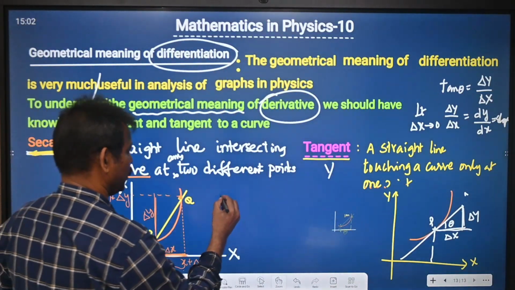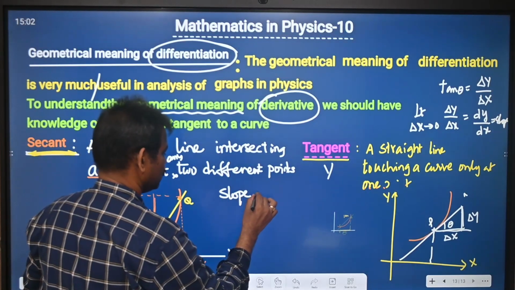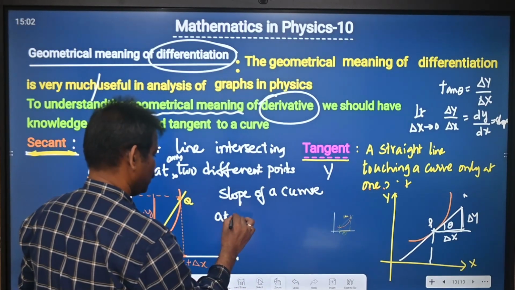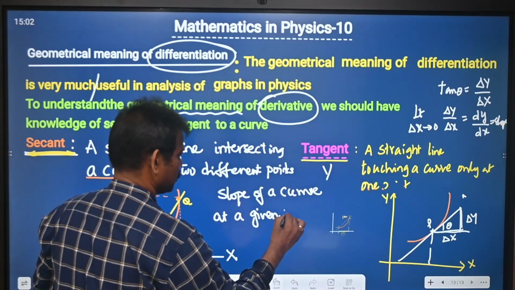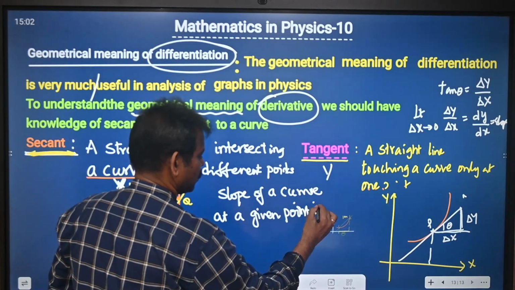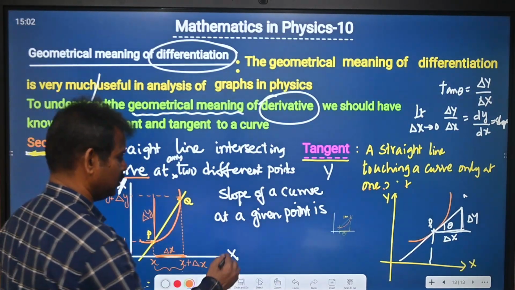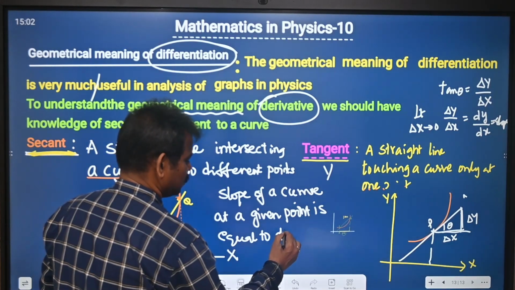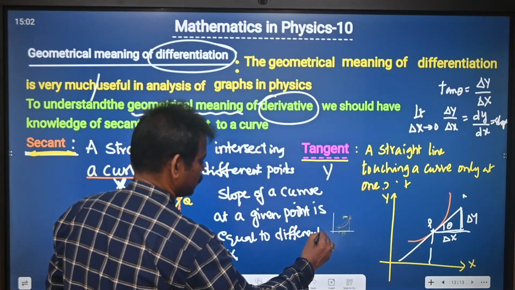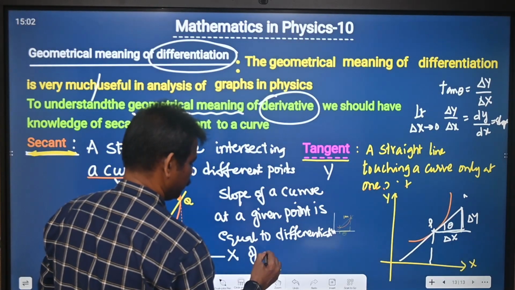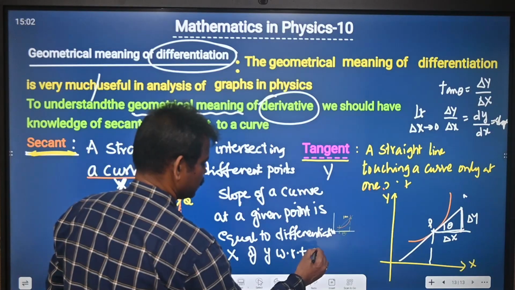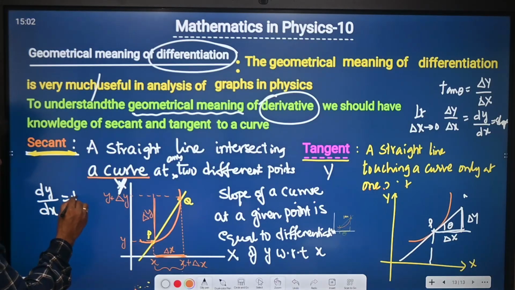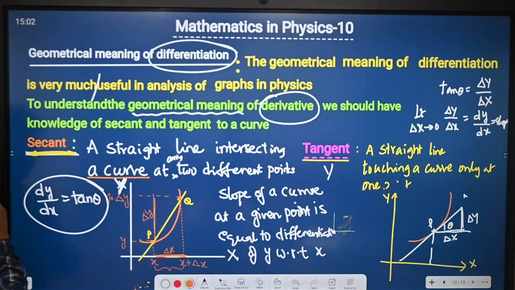The slope of a curve at a given point is equal to differentiation of y with respect to x, that is dy by dx is equal to tan theta.